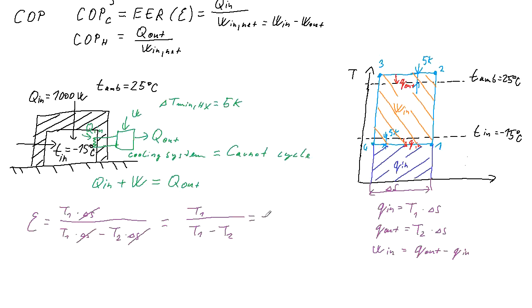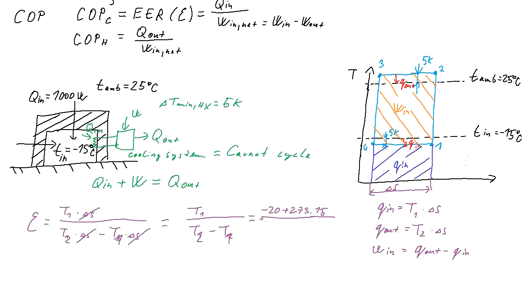Now in the actual temperatures, T1 is minus 15 minus another 5, which is minus 20 degrees C. But of course we need to use Kelvins. And here the work input is Q out minus Q in, so it's T2 minus T1.